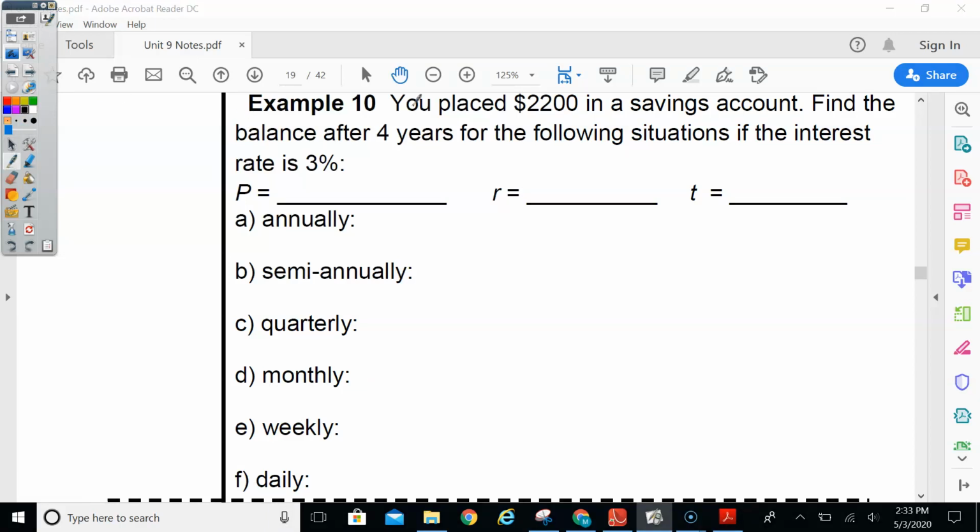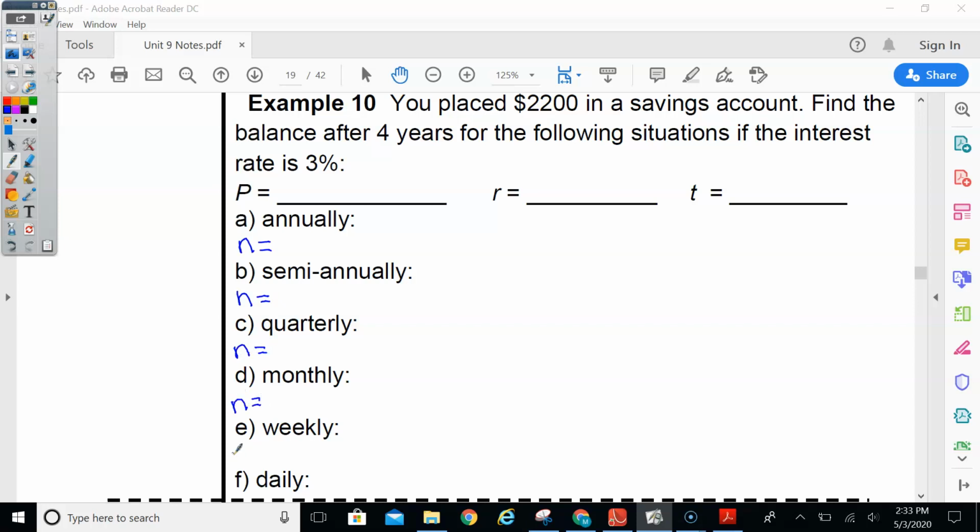In example 10, you place $2,200 in a savings account. Find the balance after 4 years for the following situations if the interest rate was 3%. These are the values of n, the number of times it's compounded in a year.